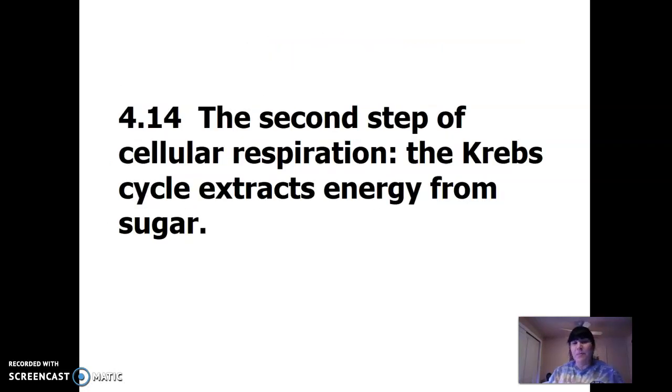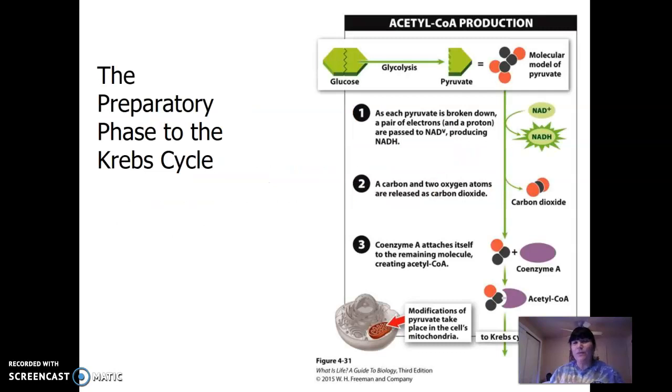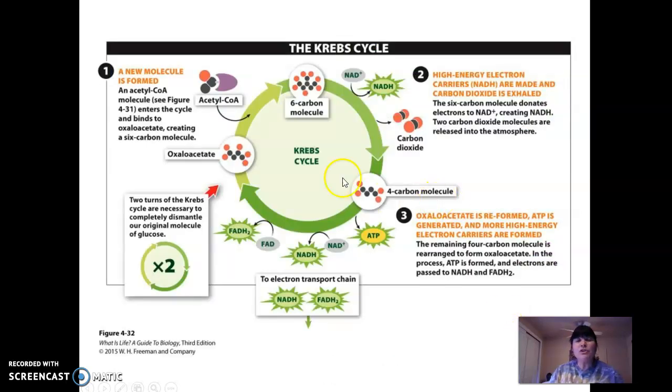The second step is called the Krebs cycle. Literally, the glucose is broken down into pyruvates. The pyruvates, all these little arrows, the arrows are symbolizing reactions, okay? Chemical reactions that are happening, acetyl-CoA. We go into the Krebs cycle, and this is where the CO2 is released.